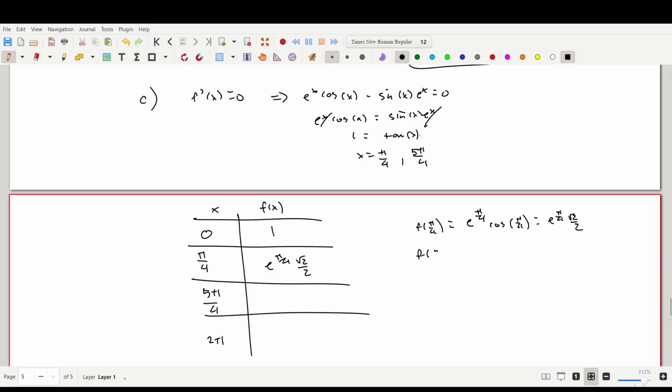And then f of 5 pi over 4 is e to the 5 pi over 4 times cosine of 5 pi over 4, which is negative e to the 5 pi over 4 times root 2 over 2. And then f of 2 pi is e to the 2 pi times cosine 2 pi, which is just e to the 2 pi.